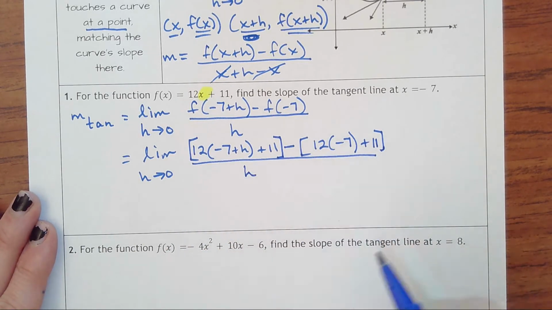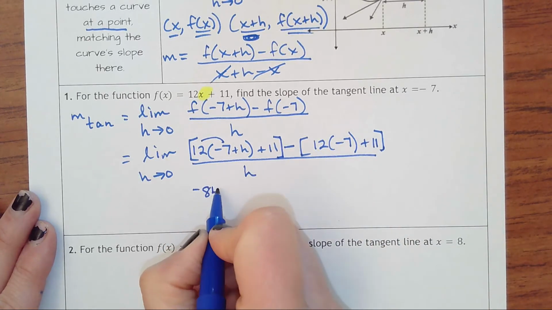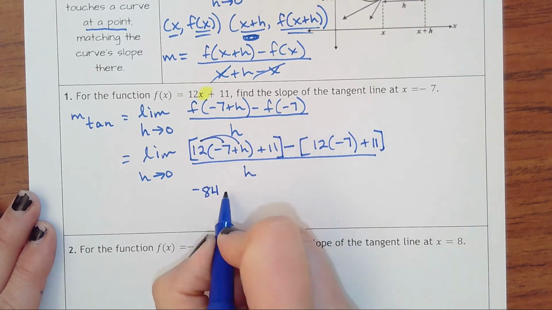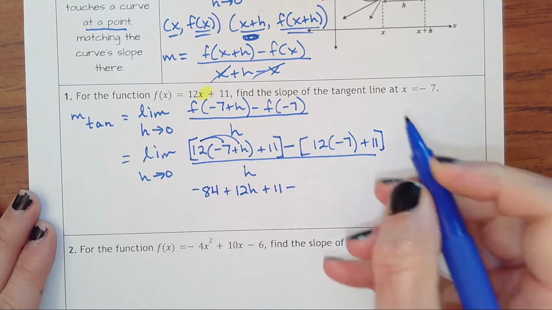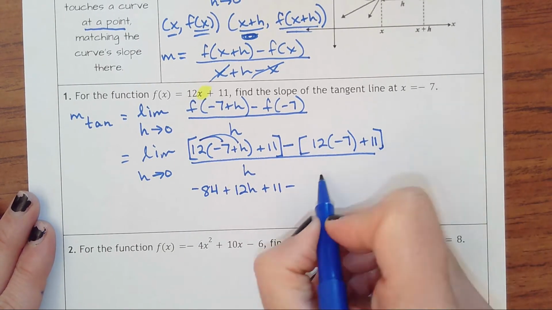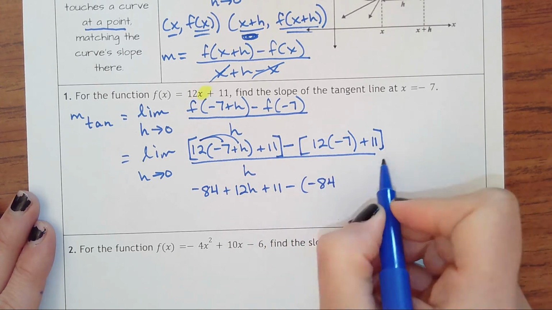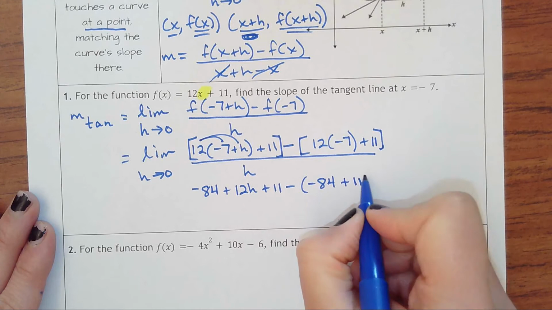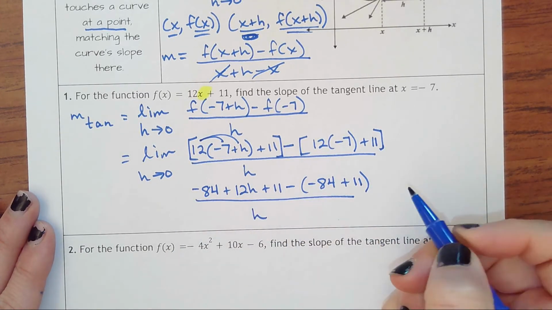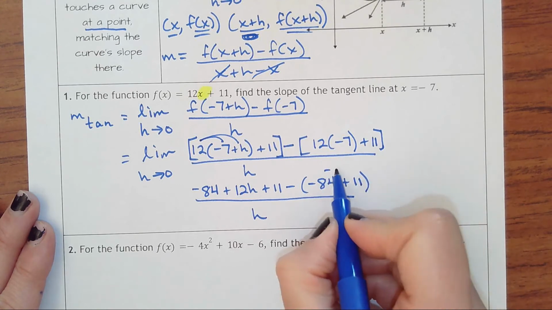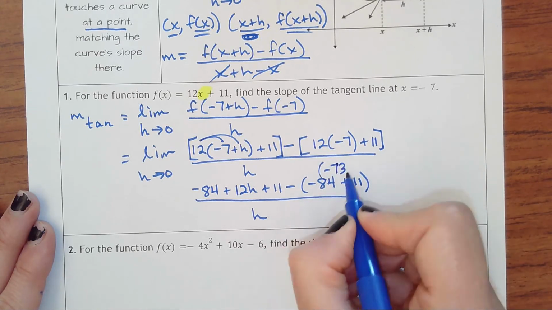And so now we need to simplify this. 12 times -7 would be -84 plus 12h plus 11 minus 12 times -7 is -84 plus 11 over h. -84 plus 11 would be -73, right?